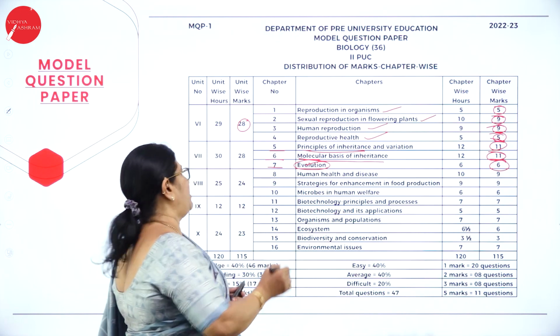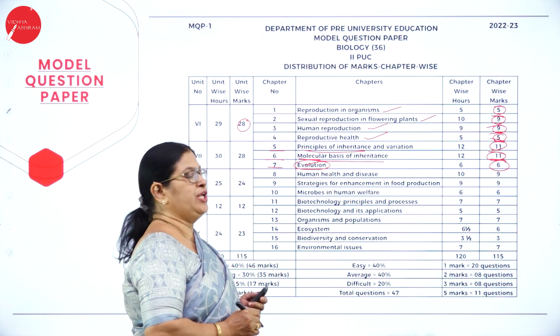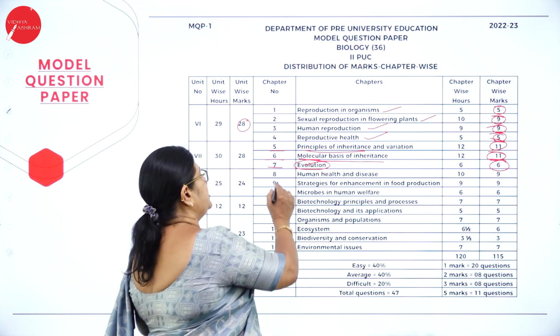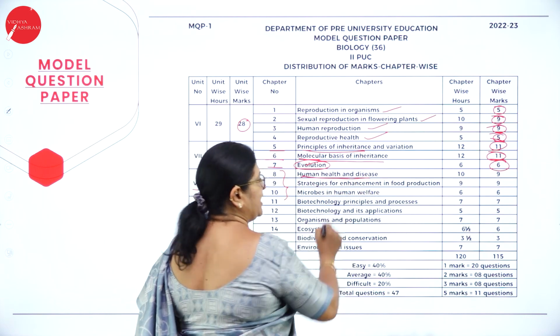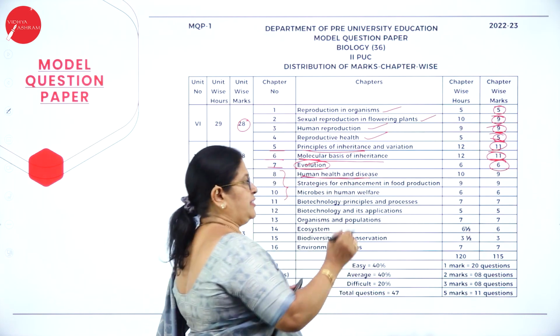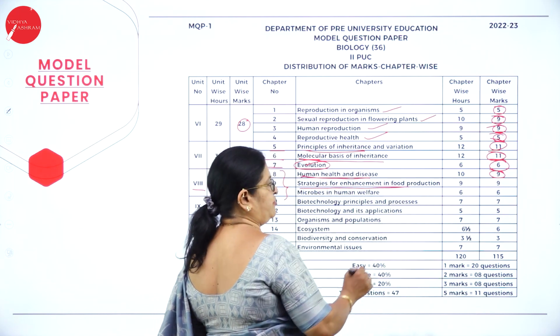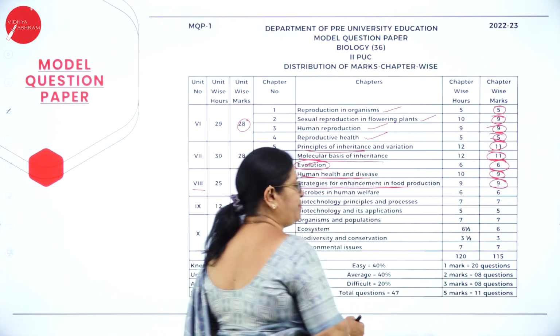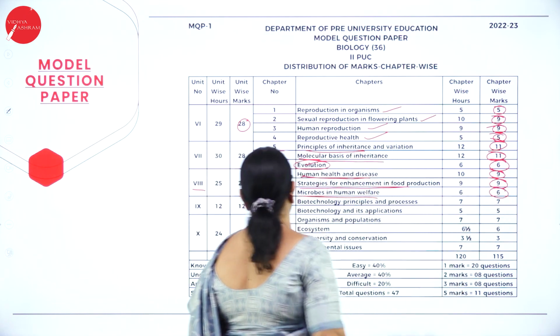Moving on to the unit regarding biology in human welfare, which includes 3 very important chapters. Chapter 8 called human health and disease has a weightage of 9 marks. Then strategies for enhancement in food production has a weightage of 9 marks. Microbes in human welfare has a weightage of 6 marks.